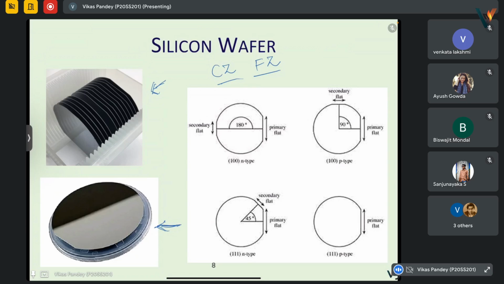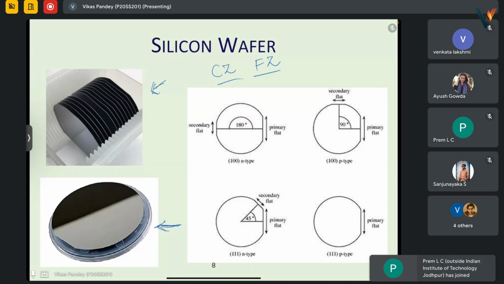If you need a pure intrinsic wafer, you can do an equal amount of N and P type doping and it will become intrinsic from the point of view of conductivity, or special production processes will have to be used. That is why most of the wafers that we buy are N type or P type.